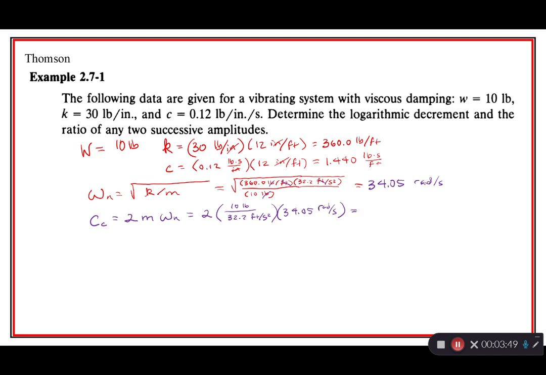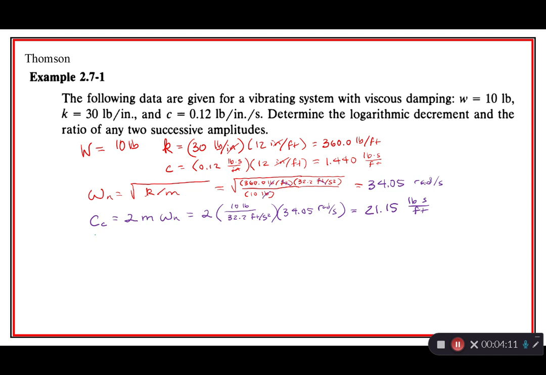Let's see if we do this right. Yes. Okay, so everything will work out when we get the number 21.15, and you'll see that we have a pound second per foot, which is what we expect. So therefore, let's change to green now.